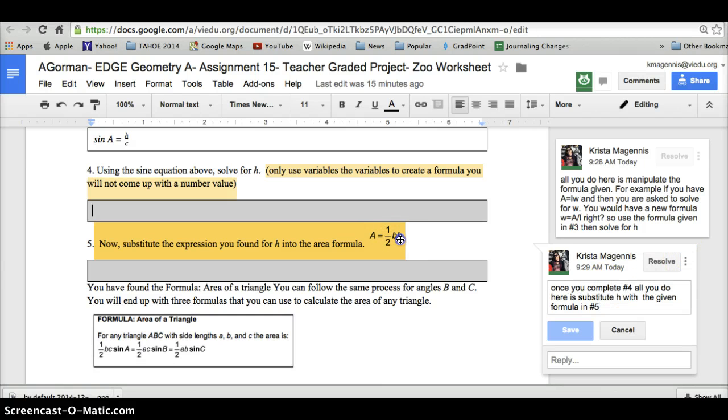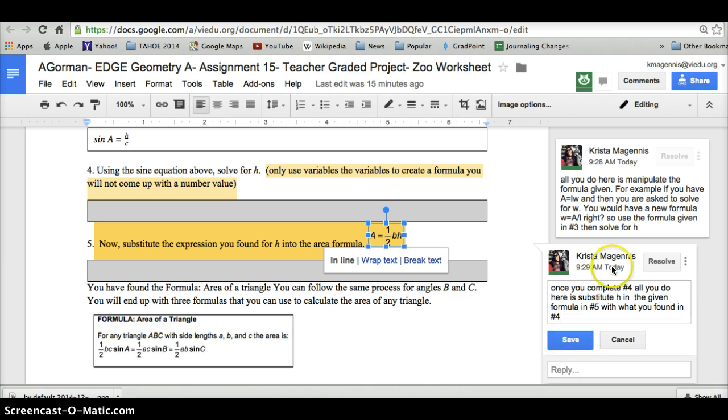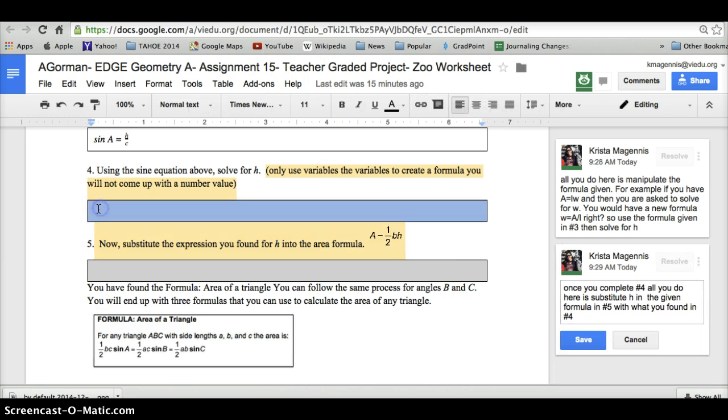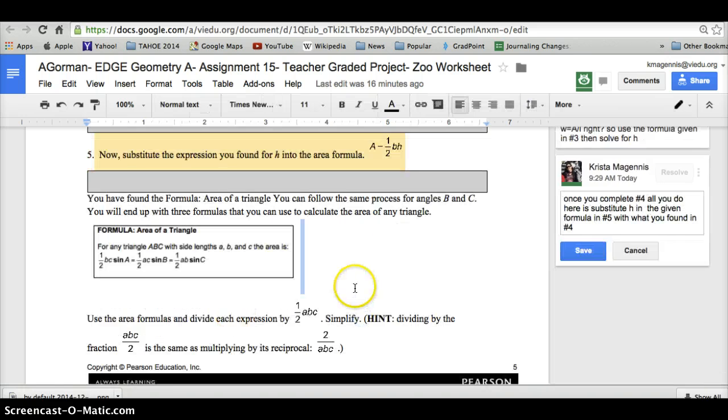So you're going to replace the H in this formula, substitute the H in the given formula in number 5 with the formula you find in number 4 and put it in this H right here, and that's that.